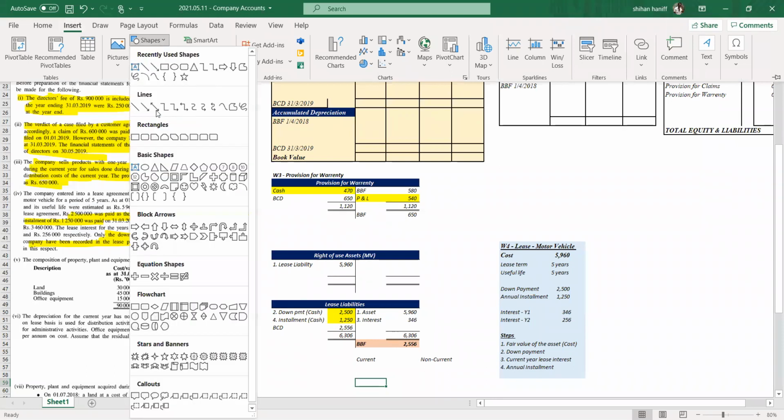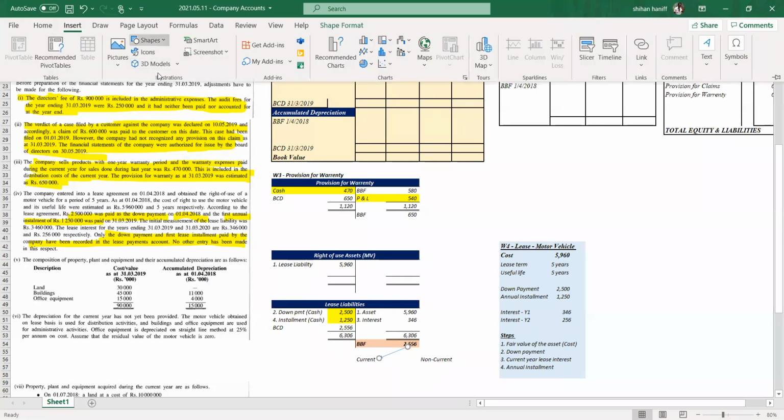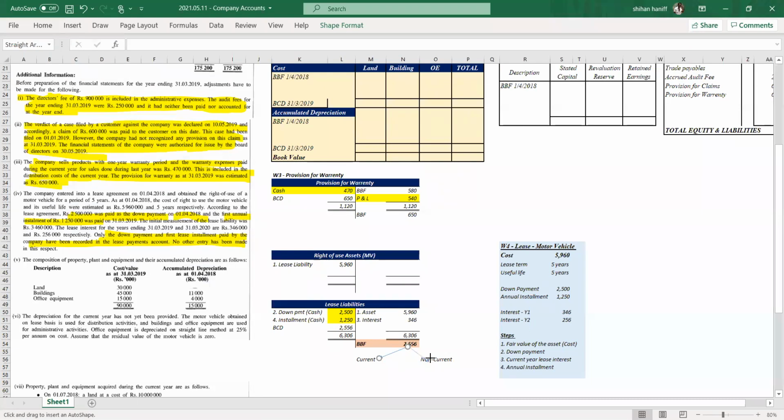Annual installment is 1,250. How much is the current liability?